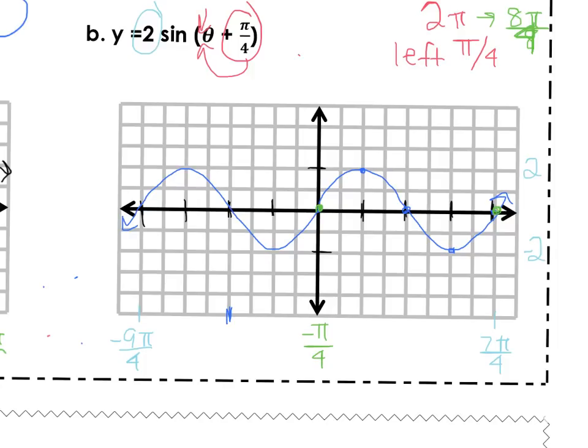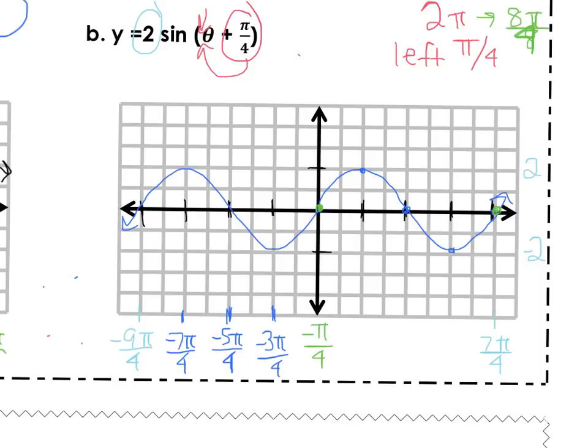So I'm essentially going to go 4 pi over 4 units to the left of the center, which is why halfway is negative 5 pi over 4, okay? Thankfully, I can continue to play this game of going half and half and half. Halfway between negative pi over 4 and negative 5 pi over 4 is negative 3 pi over 4. And halfway between negative 9 pi over 4 and negative 5 pi over 4 is negative 7 pi over 4.